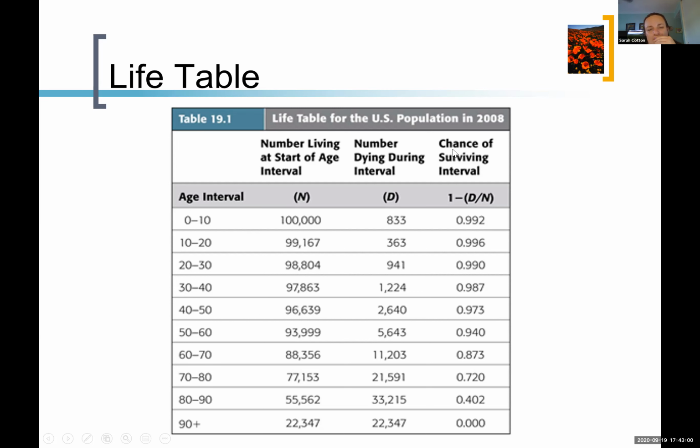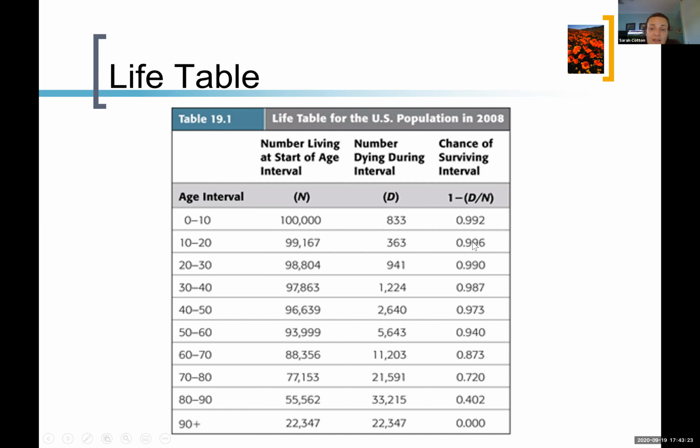This is a proportion rather than a percent. Essentially, 1 means everyone survives, 0 means no one survives. So a 99.2% chance of surviving to reach the age of 10.